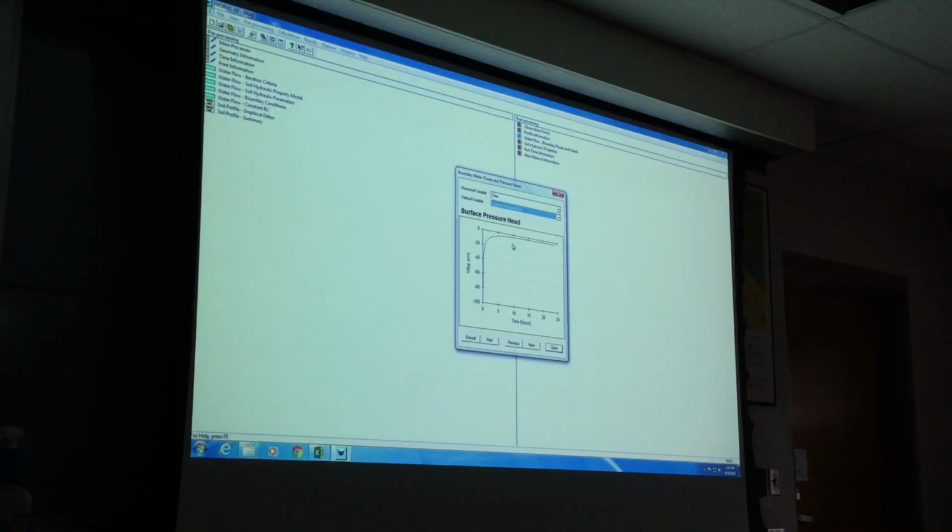Think about it. So what did these variations indicate in the other case? That we actually cannot infiltrate all the water that we apply. So in this case, because the flux is only half of the saturated hydraulic conductivity, there's absolutely no problem for the soil profile to take in all the water.